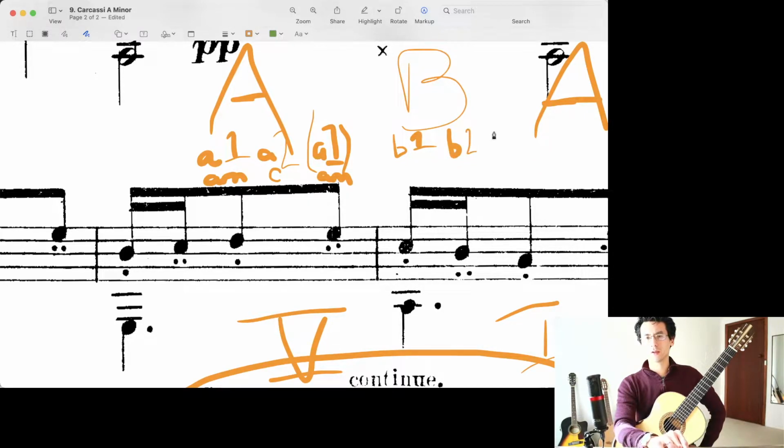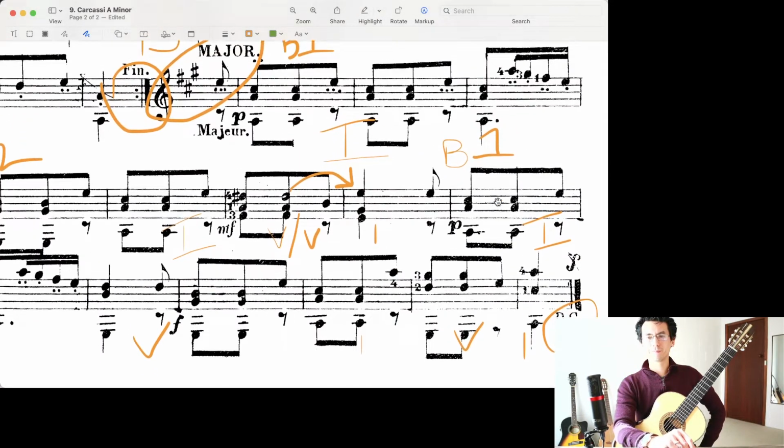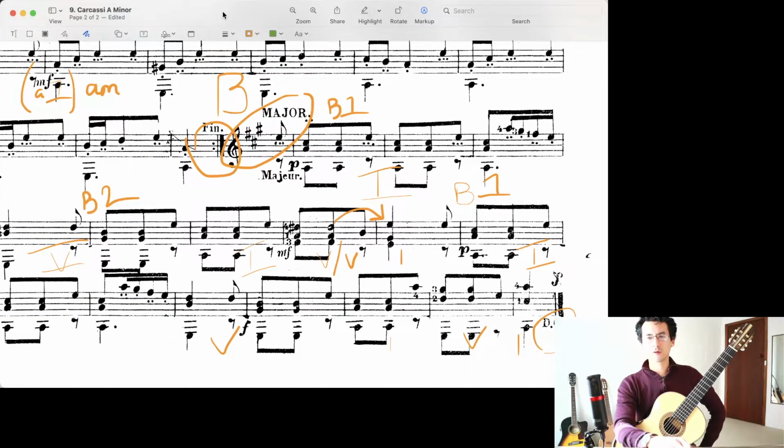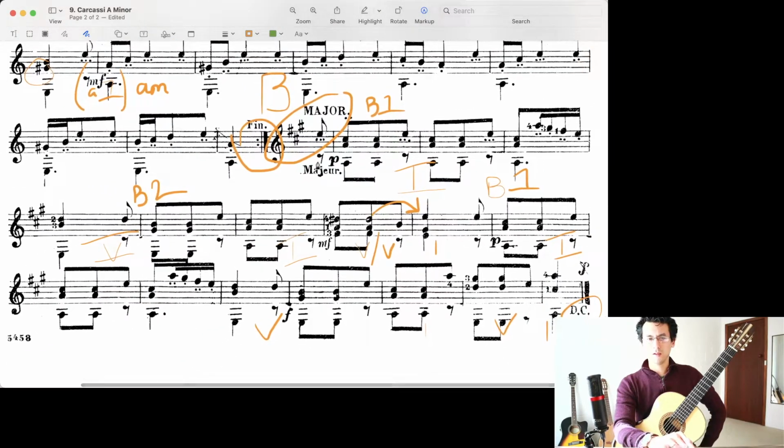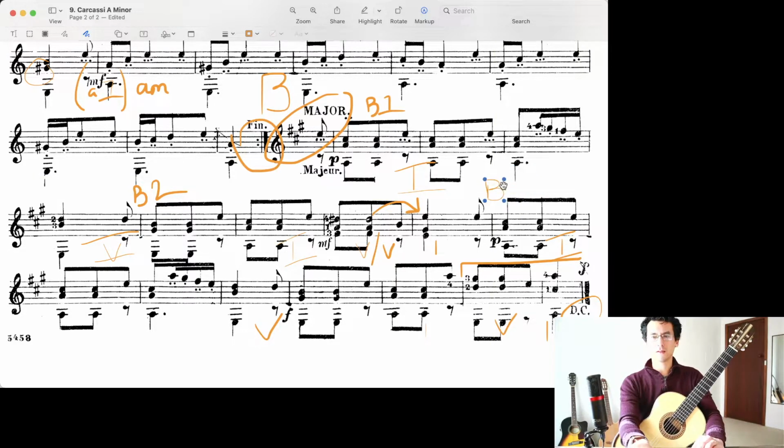So it's kind of like a ternary form, or it's not exactly ternary form, because ternary form in a strict sense, oh, I see what's happening. Actually, let's think of this a different way.